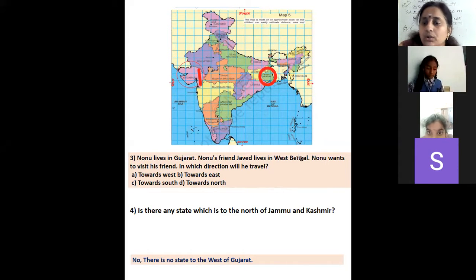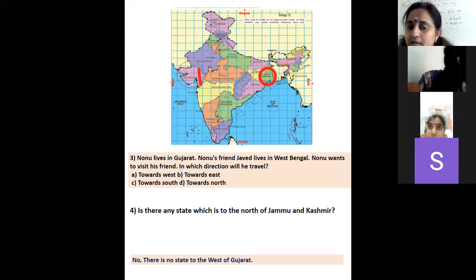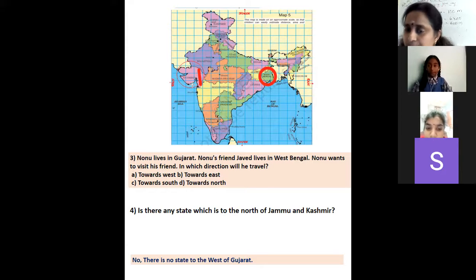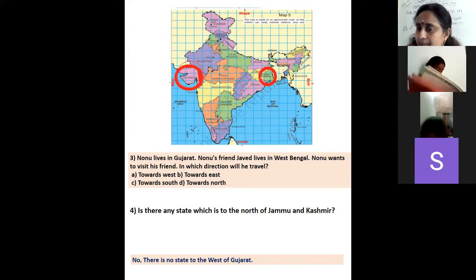So to go to his friend's house, in which direction does he have to move? Four options are given for us. Listen carefully to the question. Nonu lives in Gujarat. His friend lives in West Bengal. So here is Gujarat and here is West Bengal.